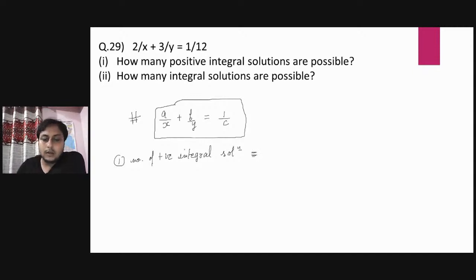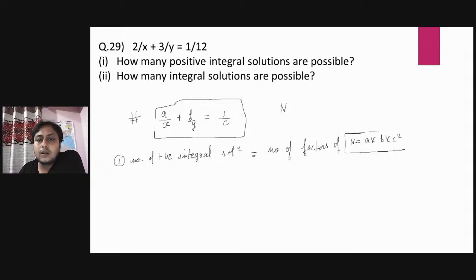First of all, guys, the number of positive integral solutions should be equal to the number of factors of this number n, that is a into b into c square, right?